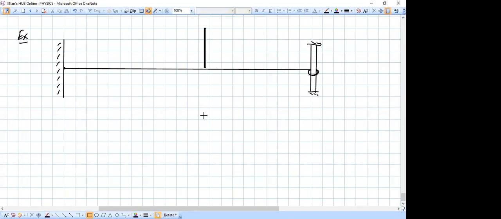So imagine that you have a narrow wall over here, and the string is going through a small aperture in that wall. Because of the aperture size being very narrow, that point will also by force become a node. Okay, so this is a rigid wall.